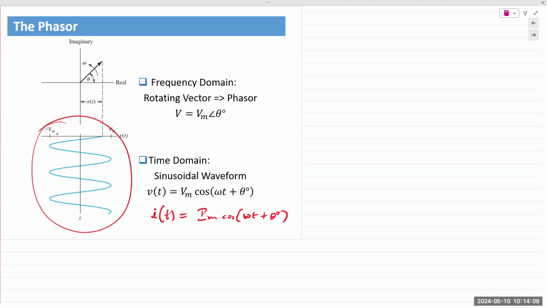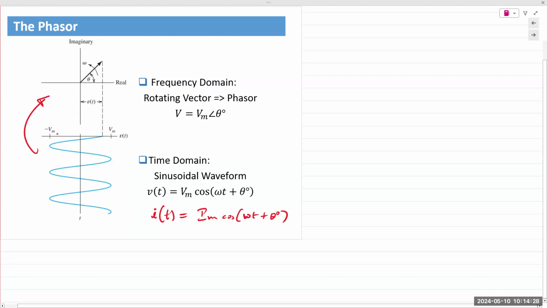So in the same way, we take the time domain representation and we are going to transform it into a rotating vector in the complex plane. A rotating vector in the complex plane. So this time domain representation is now represented as a vector. The vector is known as a phasor.